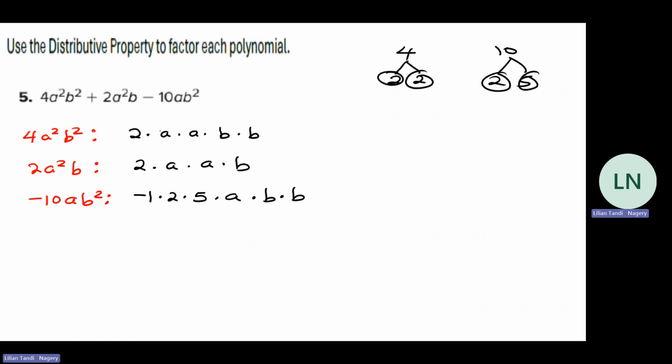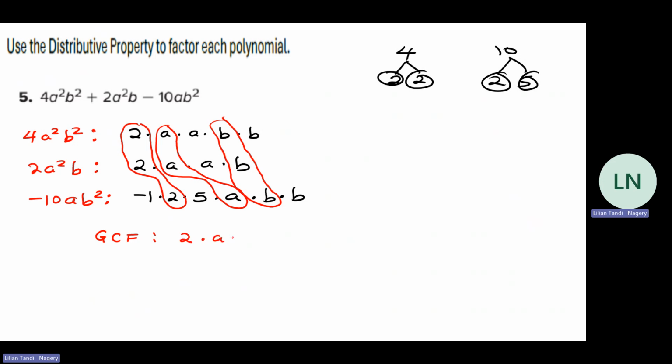Now let's find our common factor first. Our common factor is 2, then a. These 2 a's don't have a third friend. Then b. These 2 b's don't have a third friend over here. So greatest common factor is 2 times a times b, which is 2ab.